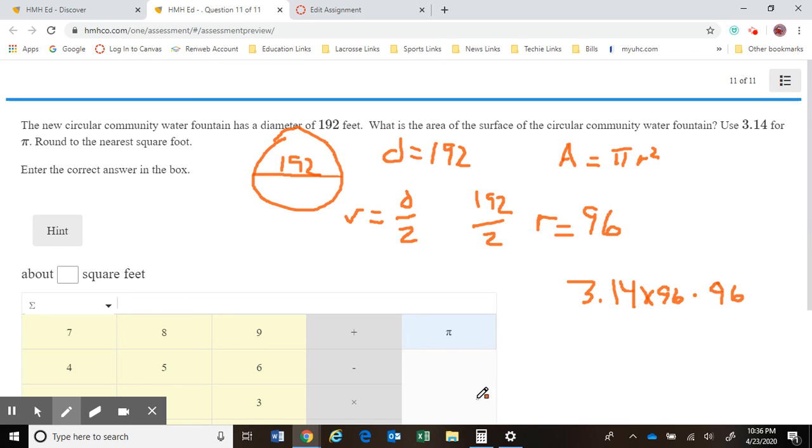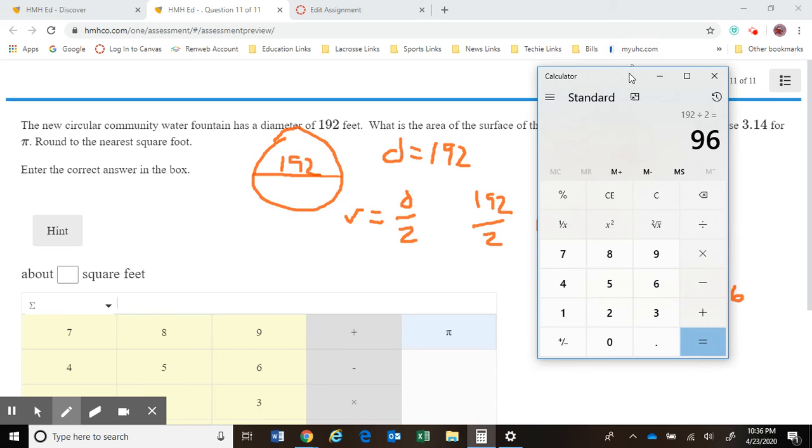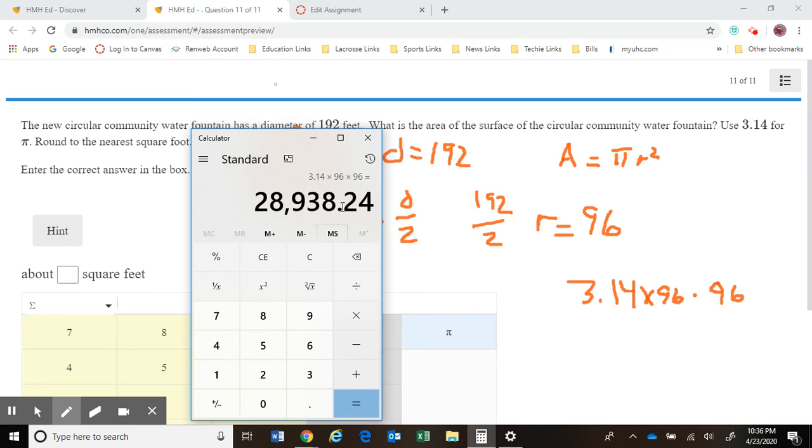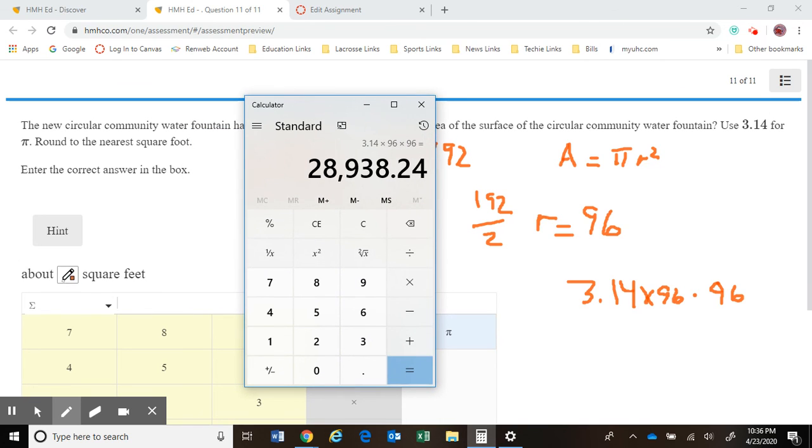All right. It's going to be a pretty big number. 3.14 times 96 times 96. And what do I get? This big number. And of course, this is rounded to the nearest square foot. So I'm going to cancel off these 2 decimal points. So 28,938.